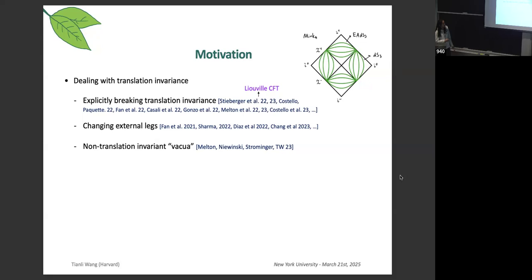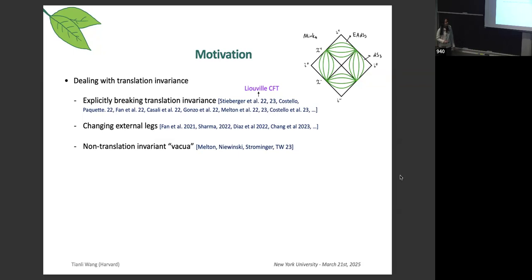And some people change the external legs of scattering by doing shadow and light transforms on them and obtain smooth amplitudes. And in an earlier paper from our group, we also constructed a family of non-translation invariant vacua to scatter around, the so-called hyperbolic vacua. And these are analogous to De Sitter vacua. The De Sitter alpha vacua.